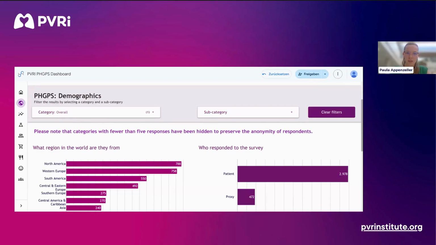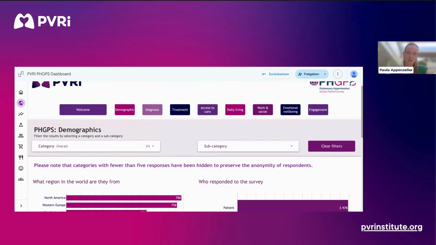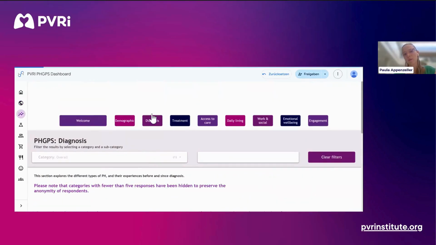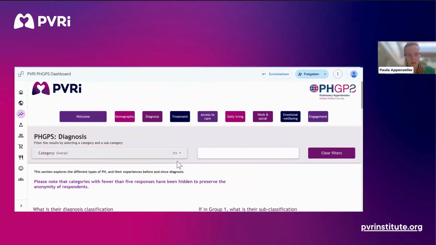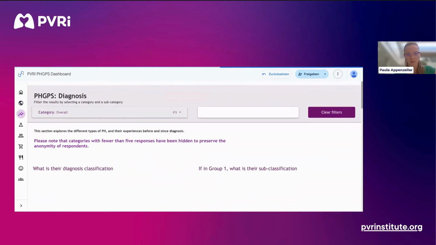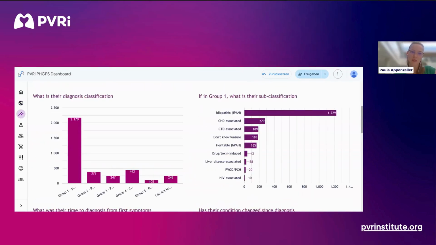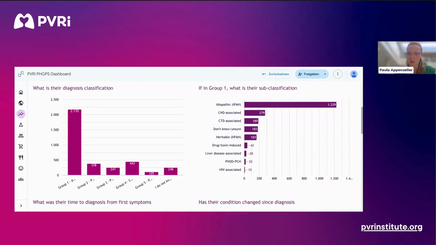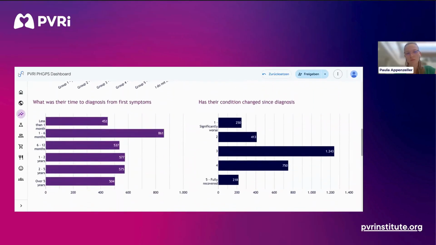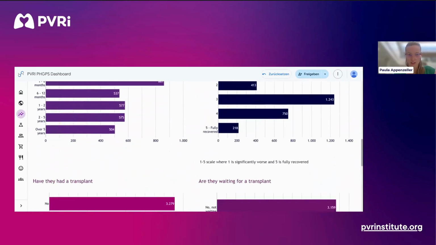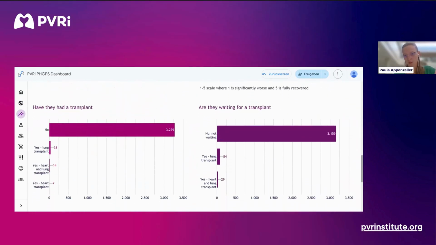For the next example, we're going to switch tab. We're going to diagnosis. In the diagnosis tab, we can see the diagnosis classifications of patients who answered the questionnaire, subdiagnosis, time from diagnosis to symptoms, whether the condition has changed, and information about transplantation.